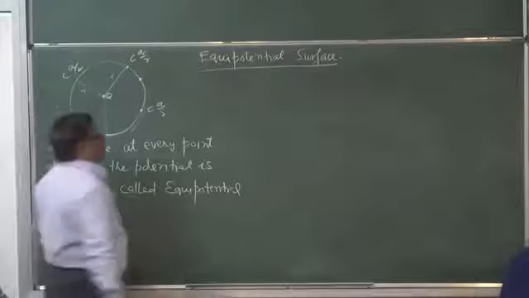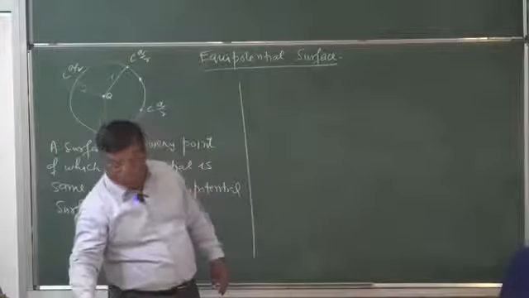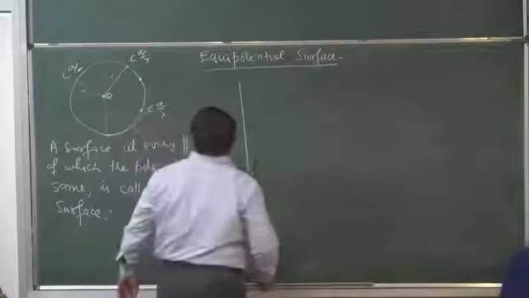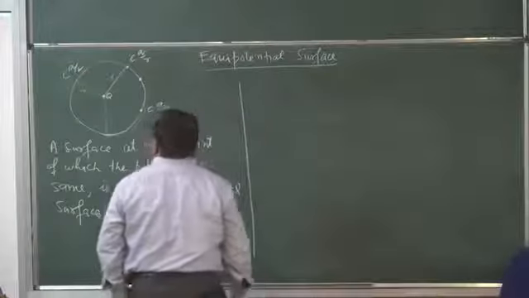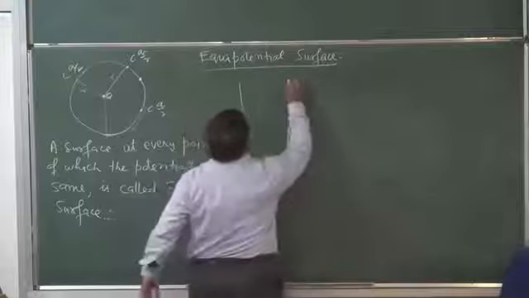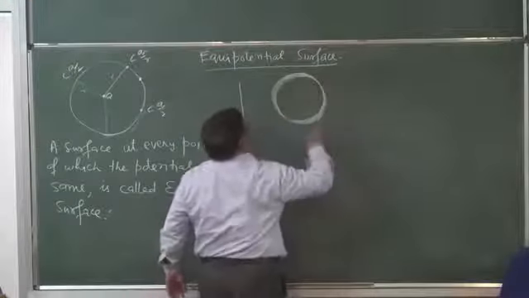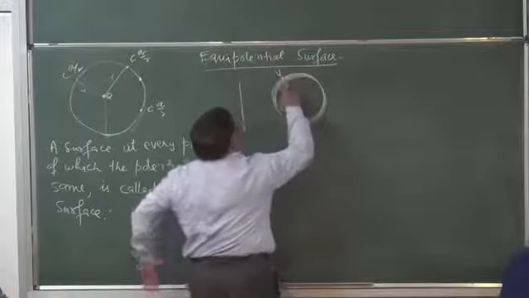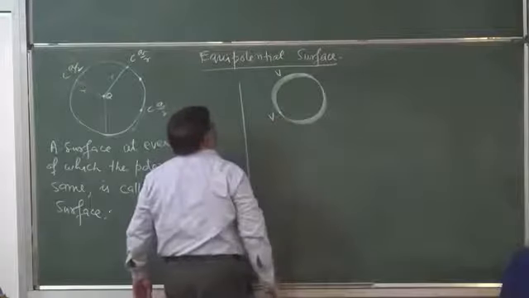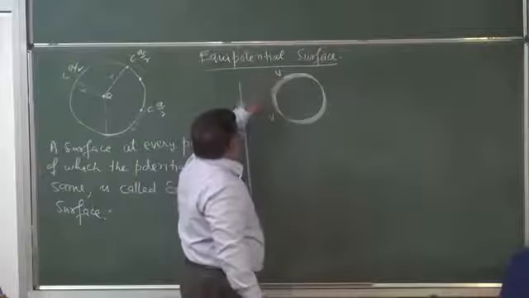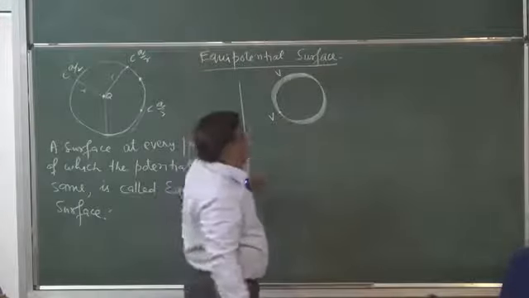This is the equipotential surface. Here the potential is V, here also the potential is V. If I bring a charge from this point to this point, how much work has to be done?